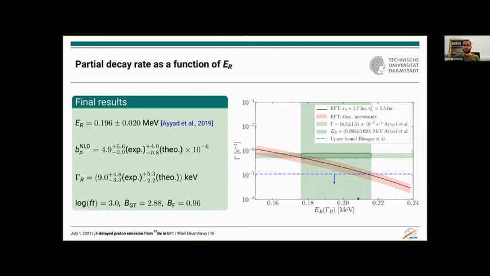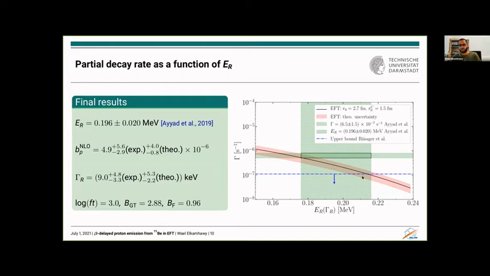And the vertical green band is the resonance energy determined in the experiment by Ayat, including, again, the uncertainties. And the dash dotted blue line here indicates the upper bound by Riesager and company from their latest experiment in 2020.